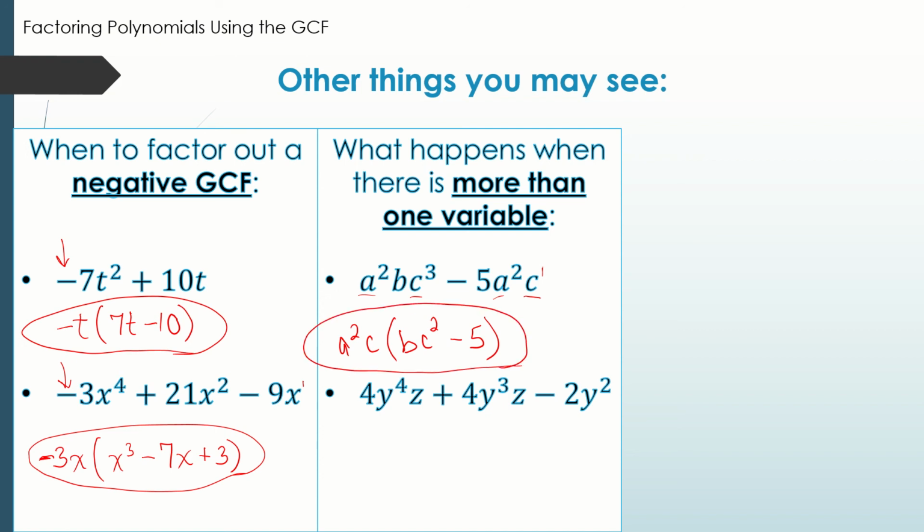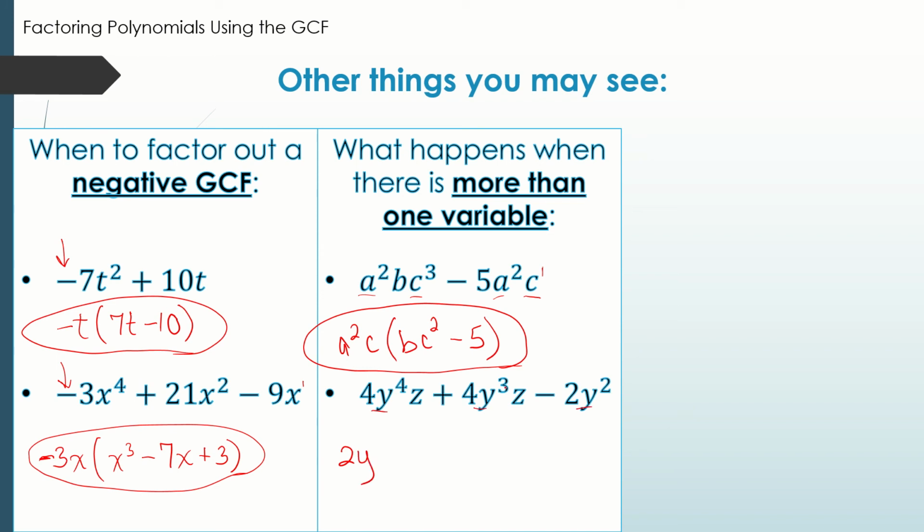Look at the one below it. I look at my coefficients: I have 4, 4, and 2. The greatest number that can divide evenly out of all three of those is a 2, so I can take a number out here. Then I have y, y, and y, so I know that I'll be able to take out y's.